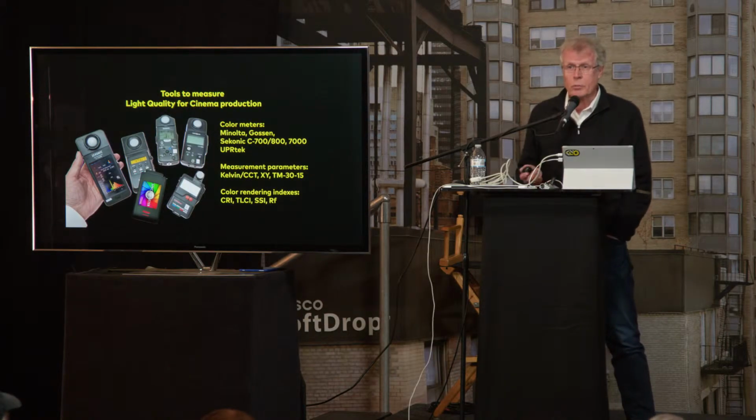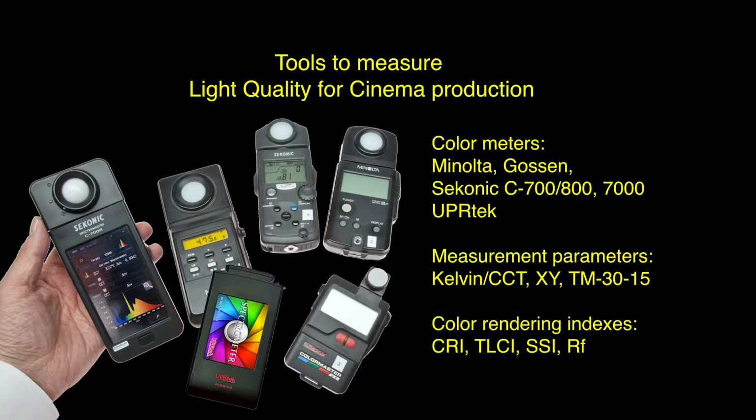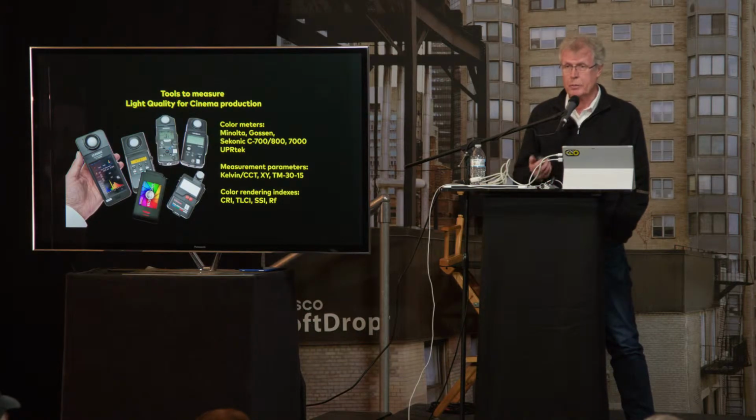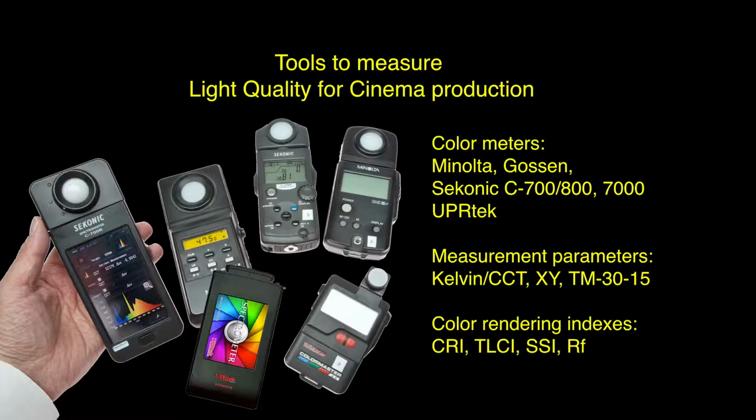So how do we determine where these differences fall? Well, we've got a plethora of handheld devices, sadly none of which really address our concerns today. There are various measurement parameters. You can measure Kelvin, you can measure XY, you can measure TM-30-15. There's all these: CRI, TLCI, SSI, on and on and on.